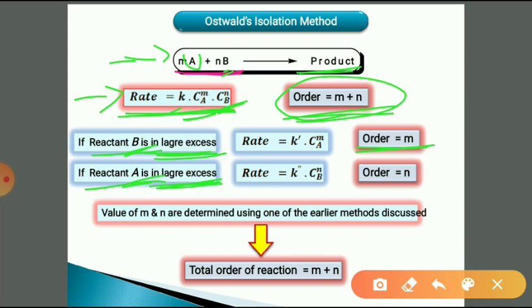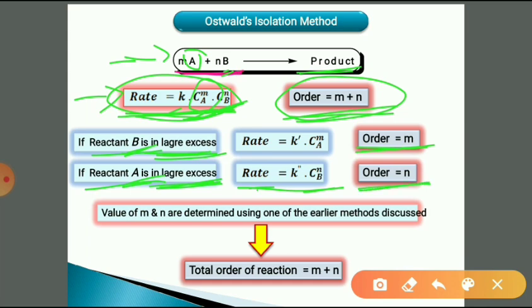So in that case, the rate equation can be written as rate equal to k double prime into Cb raised to n, where the concentration of A remains constant. So k double prime is the product of k into Ca raised to m. The order in this case is n.